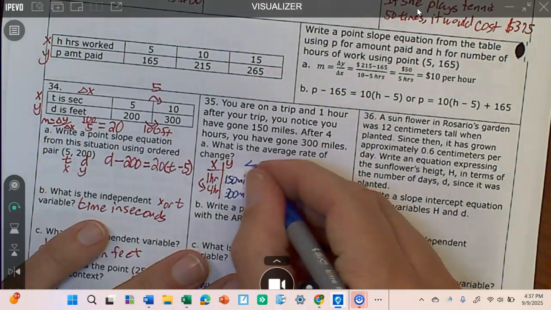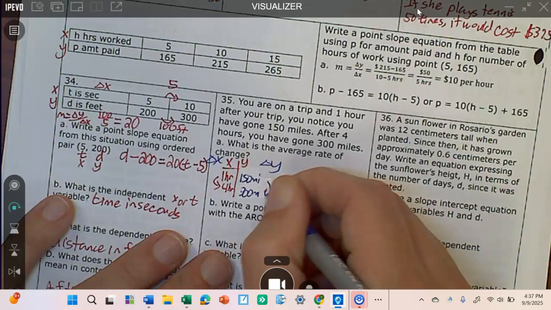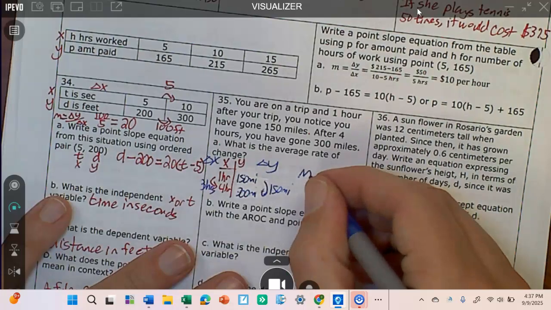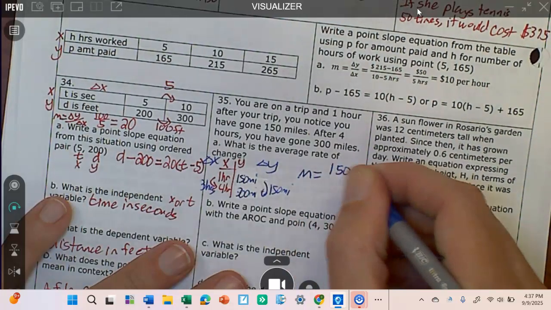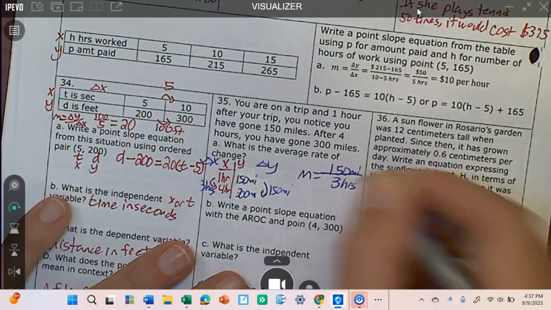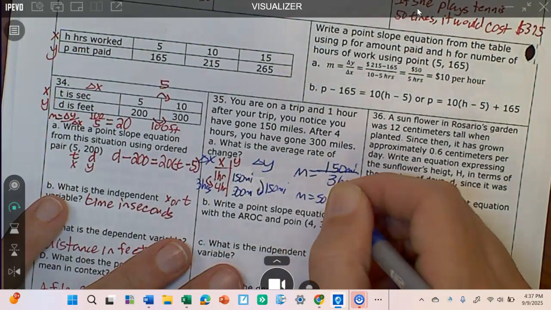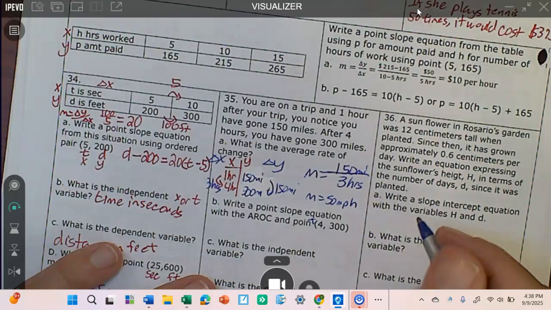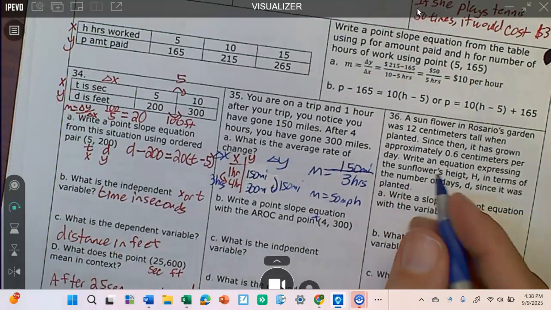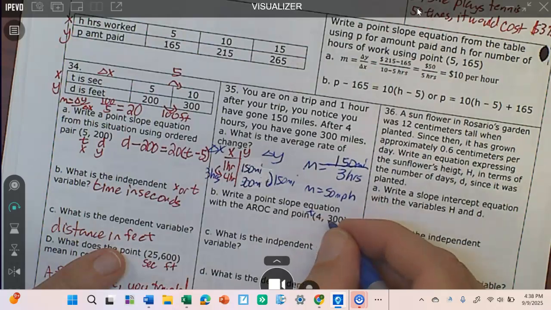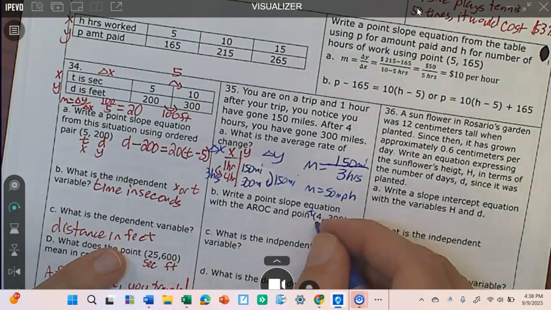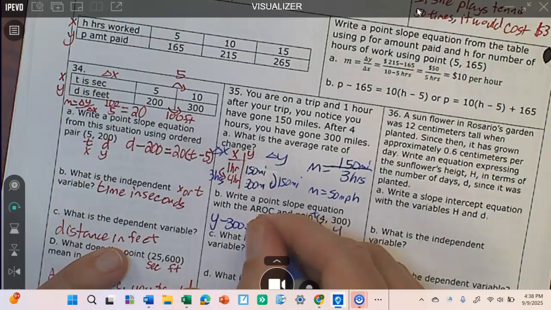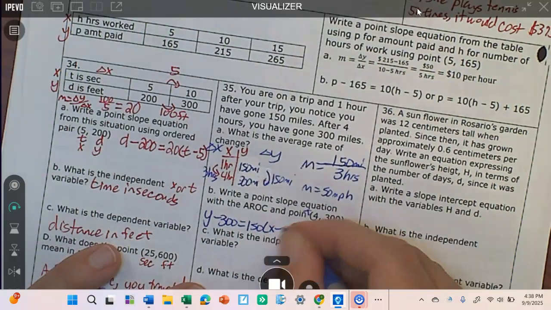You could do the slope formula, but I'm out of space. You traveled 150 miles in 3 hours. So that'd be 50 miles an hour. So this would be, so y minus 300 equals 50, x minus 1.